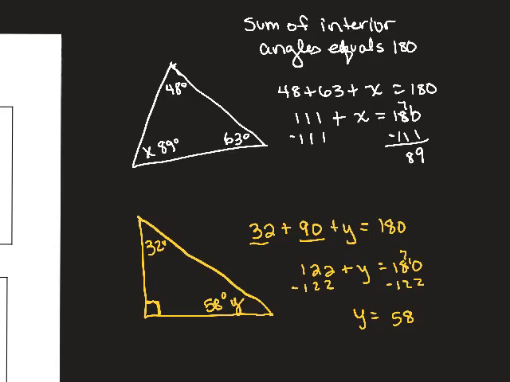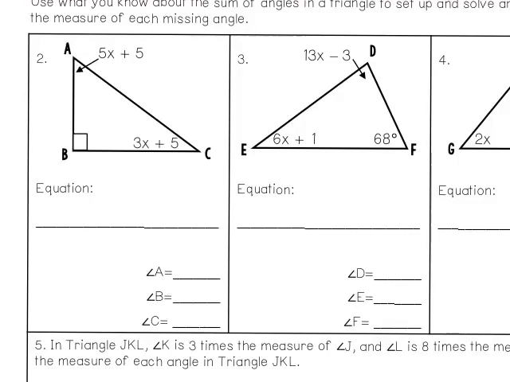Okay. What happens though when we don't have solid numbers? We have algebraic expressions. It's the same process. This becomes angle A, or angle 1, it's your first one. Then we know what the measure is for that angle.